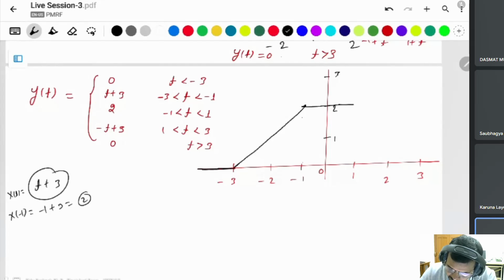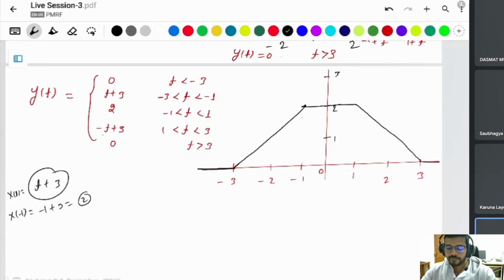Then after this there will be a negative slope from 1 to 3. Then after again 0 for greater than 3. The signal looks like that.